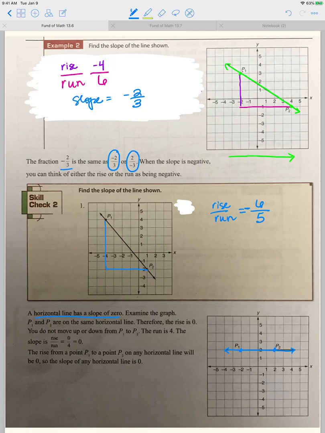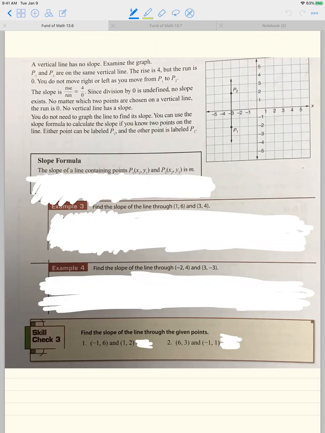The run is 4. The slope, rise over run, is 0 over 4, which is equal to 0. So the slope of a horizontal line is always 0. The slope of any horizontal line is always 0.